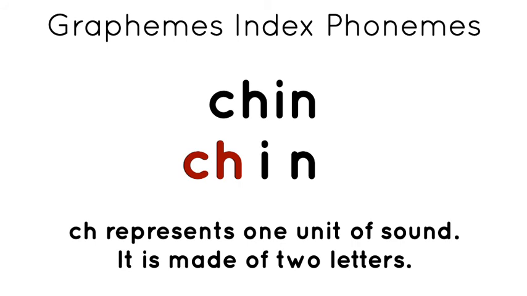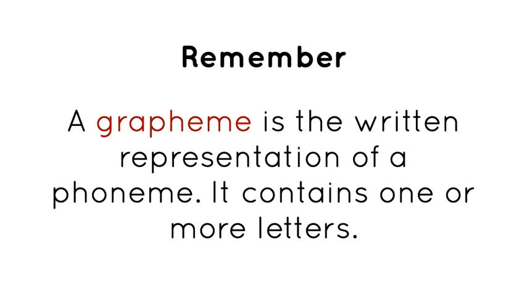Hence, when we say that a grapheme is a letter, we're actually not accurate, because a grapheme can be two letters. So let's update our idea of what a grapheme is. The grapheme is the written representation of a phoneme. It contains at least one, but also can be more, letters.